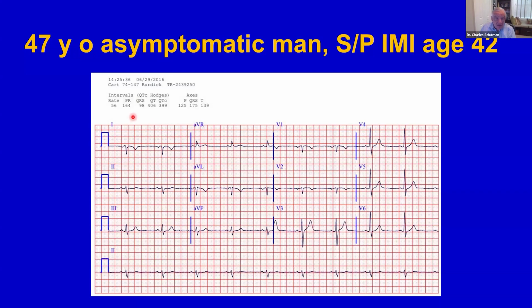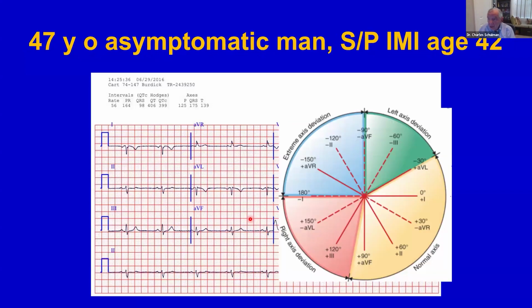The measurements are all within normal limits, but look at the axis. It's down in 1 and isoelectric in F. So that makes it almost directly 180 degrees. This is a very strange axis.